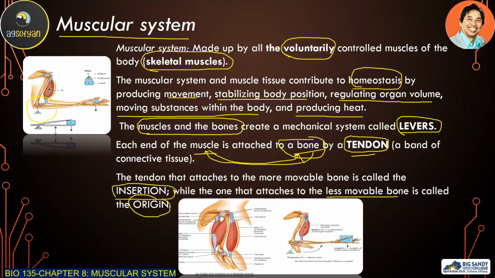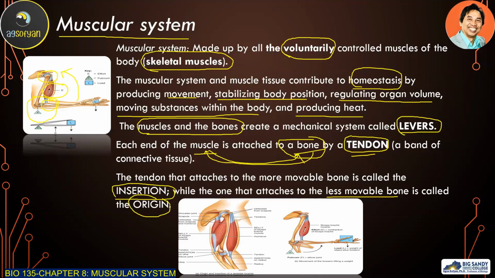When we contract our bicep, which is the muscle, the bicep has two attachments, or two tendons. The first is attached to the scapula on the top, and the second is attached to the radius and ulna bone. So when we contract the bicep, the radius and ulna will move up, which is what we call flexion.